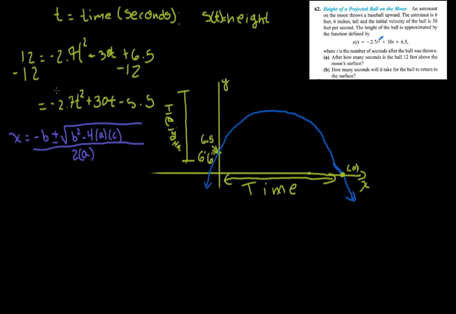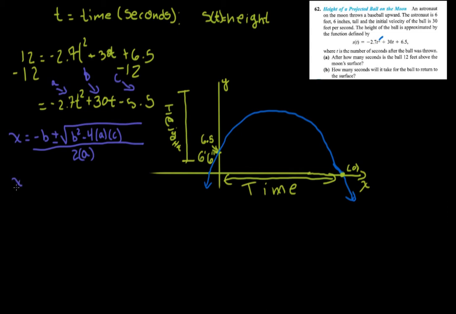So now I'm going to identify for you guys what these values are. Negative 2.7 is going to be a. Positive 30 is going to be b. And negative 5.5 is going to be c.